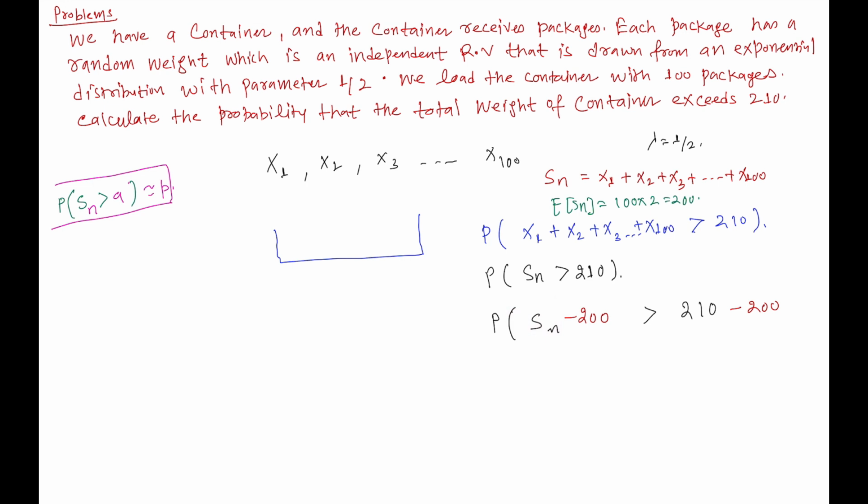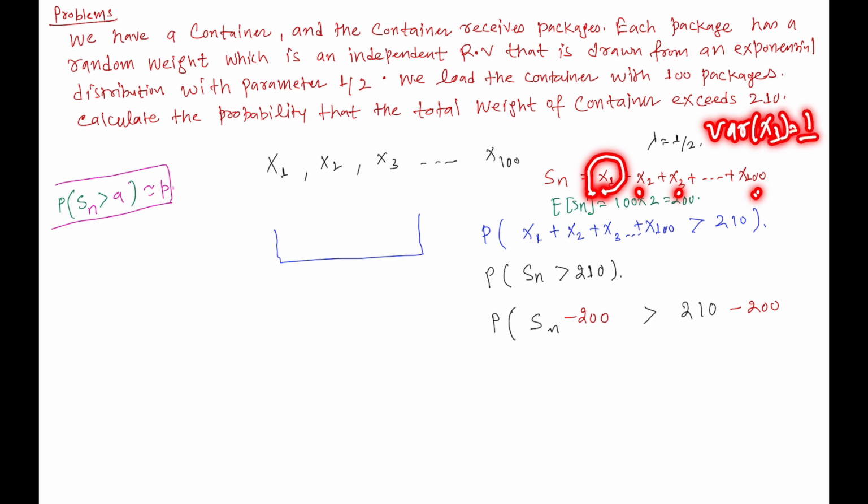And how do we find the standard deviation of Sn? Each one is independent and each has the exponential distribution. So what is the variance of one random variable, that is the variance of X1?